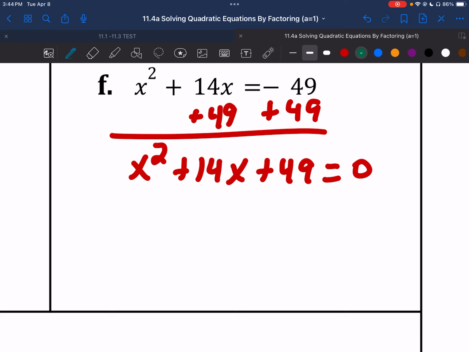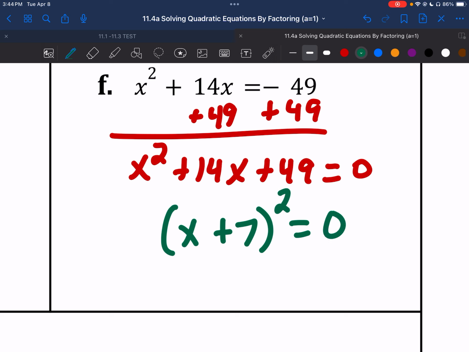Is our middle term twice the product of the two square roots? Well, let's see. If we've got x and 7, x times 7 is 7x, times 2 is 14x. Hey, look. Factors of 49 that add up to 14 are 7 times 7, because 7 plus 7 is 14. So that is (x plus 7) squared equals 0.